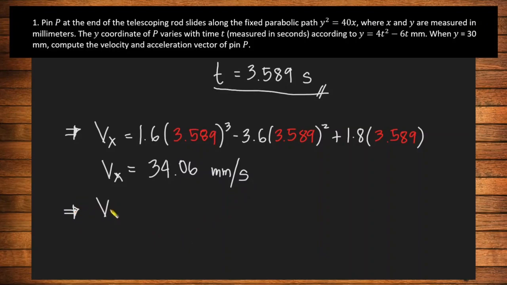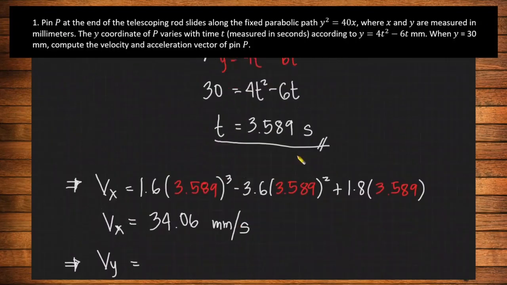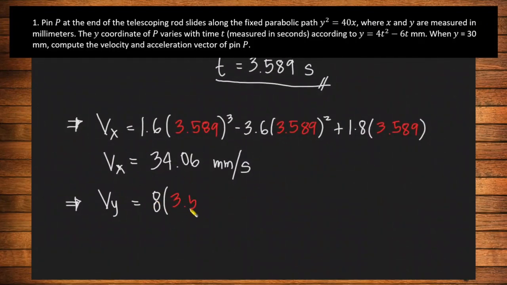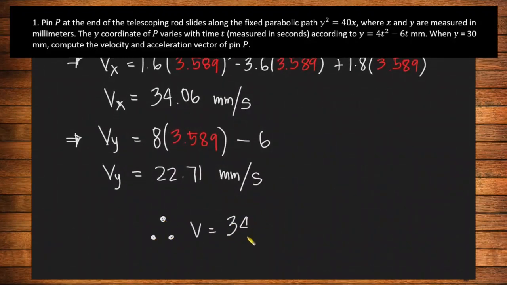Now for the y component, again, we'll just use 3.589 seconds for our time. So that will be equal to 22.71 millimeters per second. Right? Therefore, our velocity vector now in vector notation will be equal to 34.06 i plus 22.71 j millimeters per second.